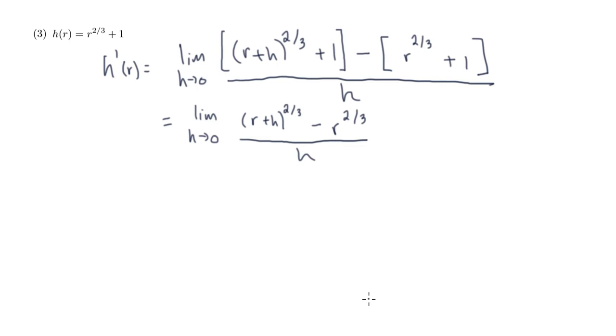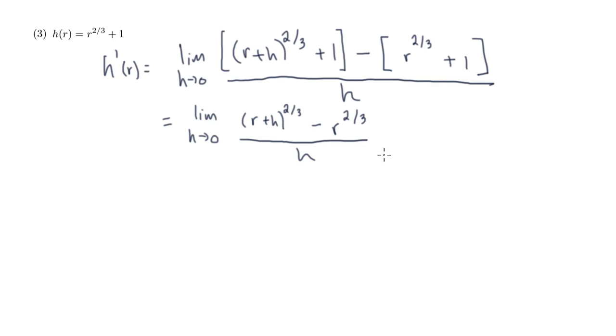This is really tricky. What I would like to do is actually do something similar to multiplying by a conjugate. But this is not square roots, this is actually cube roots. So this is a relatively hard example, I would say, but okay, that's fine. It happens.